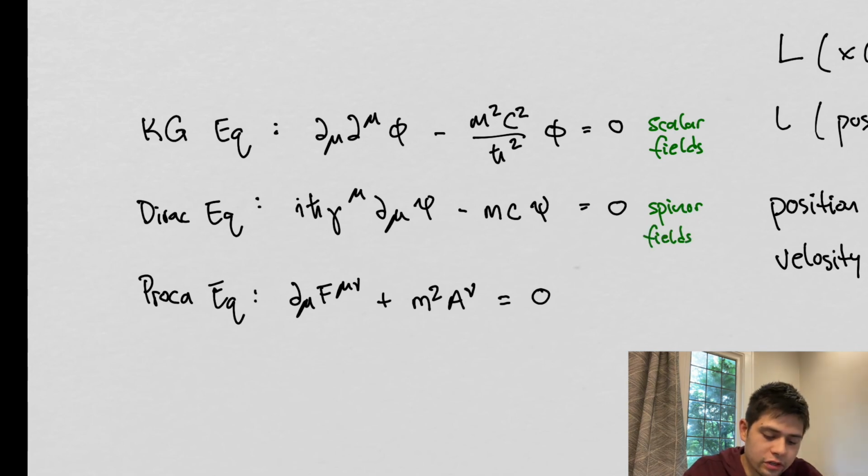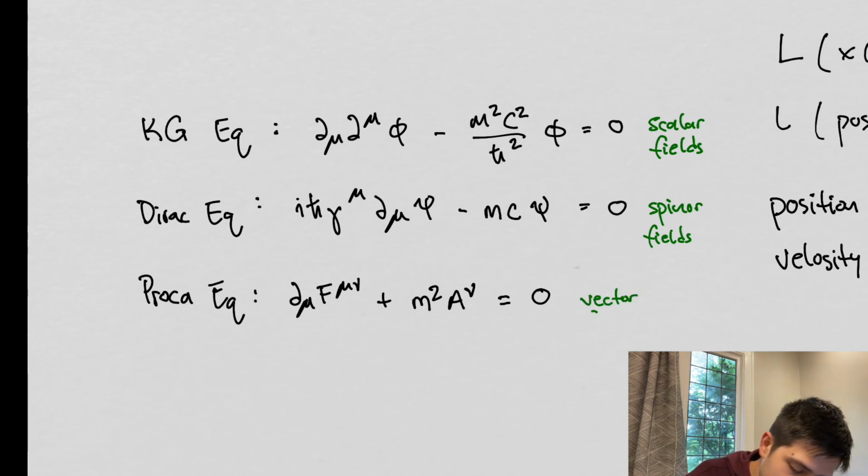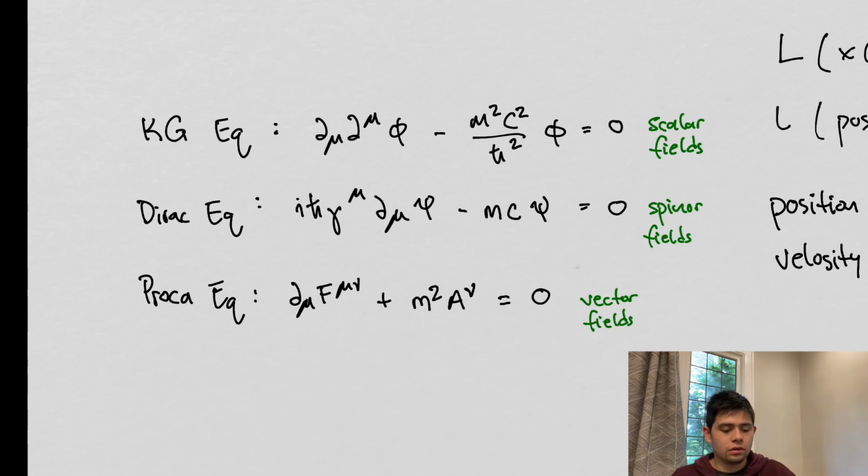And the Proca equation is going to be for vector fields. The Proca equation looks like this. Again, we have a Proca-Lagrangian, and those are going to be very important for us also.